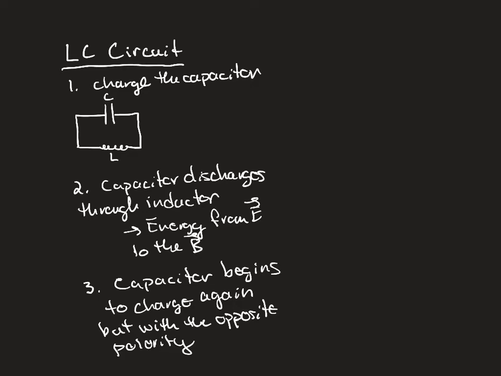But eventually we end up with the situation described in number 3 here, where the capacitor is now charged again, but with the opposite polarity. But then immediately the capacitor begins to discharge again through the inductor.